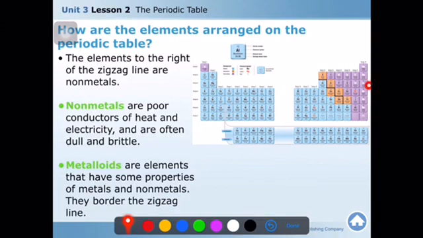The purple colored ones are nonmetals. Nonmetals are poor conductors of heat and electricity and are often dull and brittle.